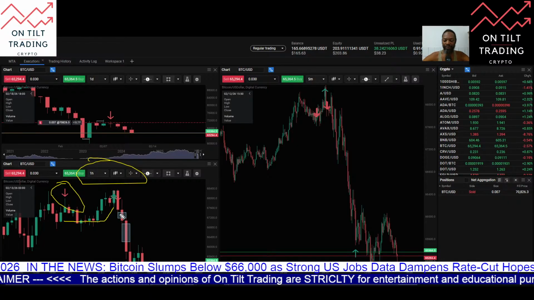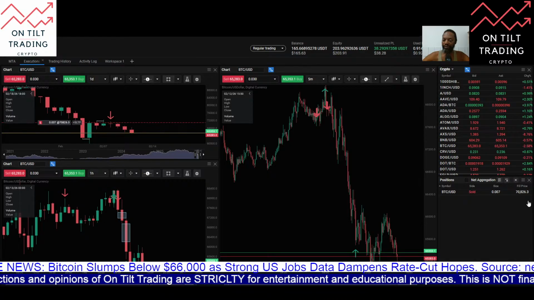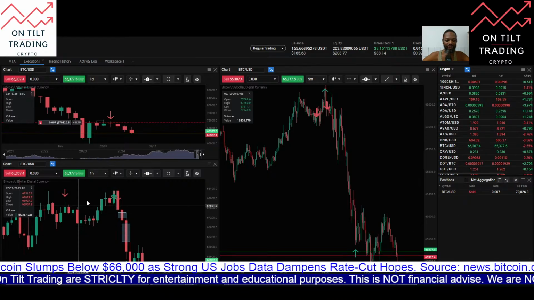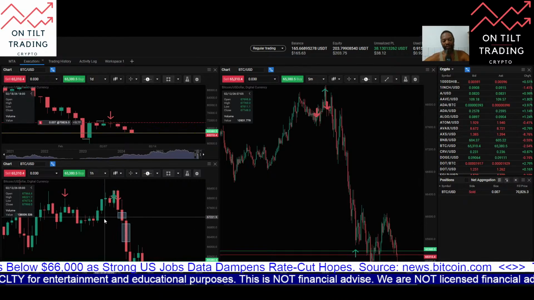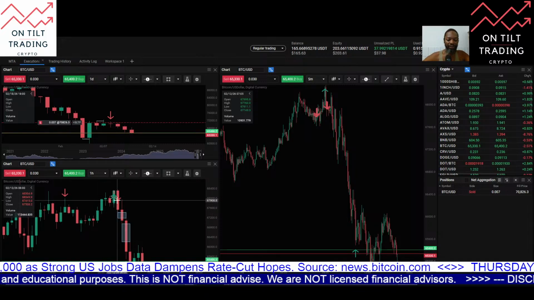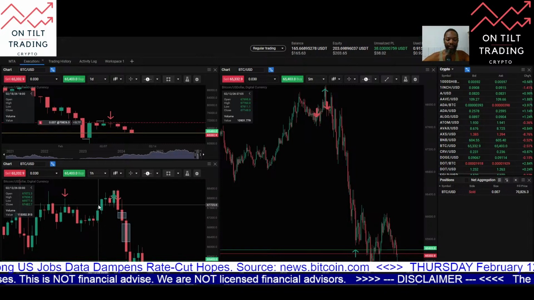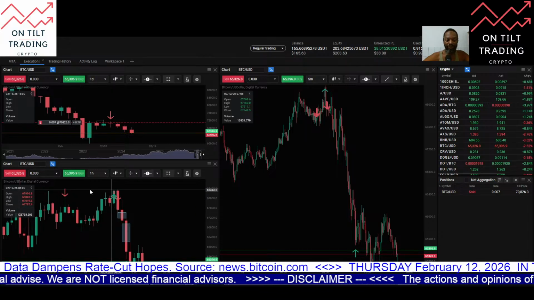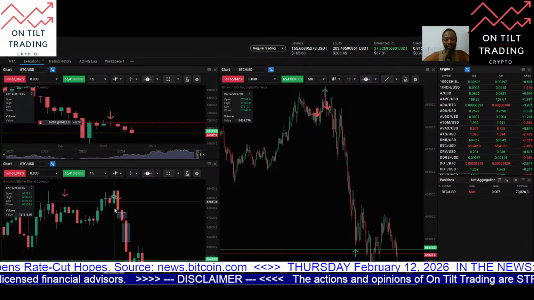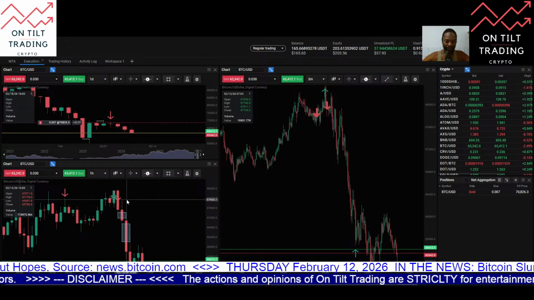Anytime I have a position that fails to reach target within the session or the next, it gives me cause for concern. And in this instance, price pulled back and stopped me out of this trade in this account and the trade in the main account.